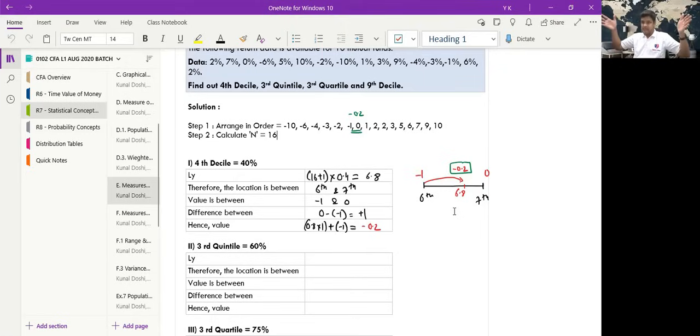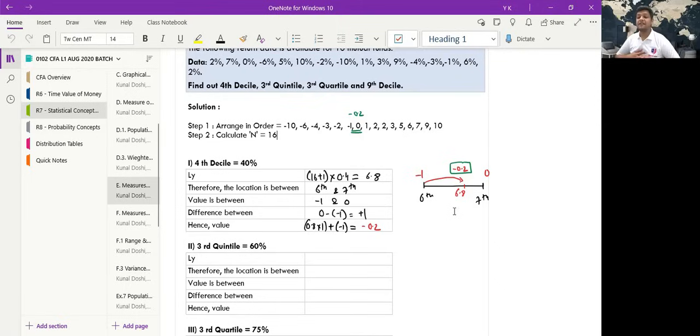So let's say there is 100 percentile data. How much is at or below 40%? Those are all those who have scored -0.2 or below. All those who have scored -0.2 or below that number constitute the bottom 40%. Clear, everyone? Everyone understood the location? Yes.